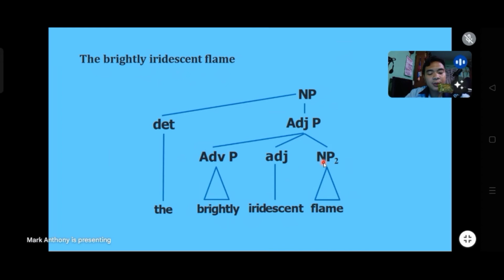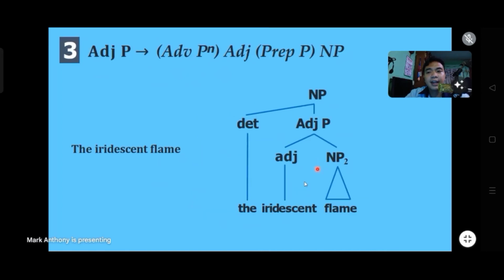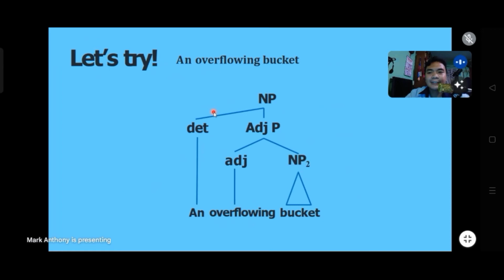Now going back to our rule, if you can remember, there we have the adverb, the adjective, and the noun phrase. Let's go back.